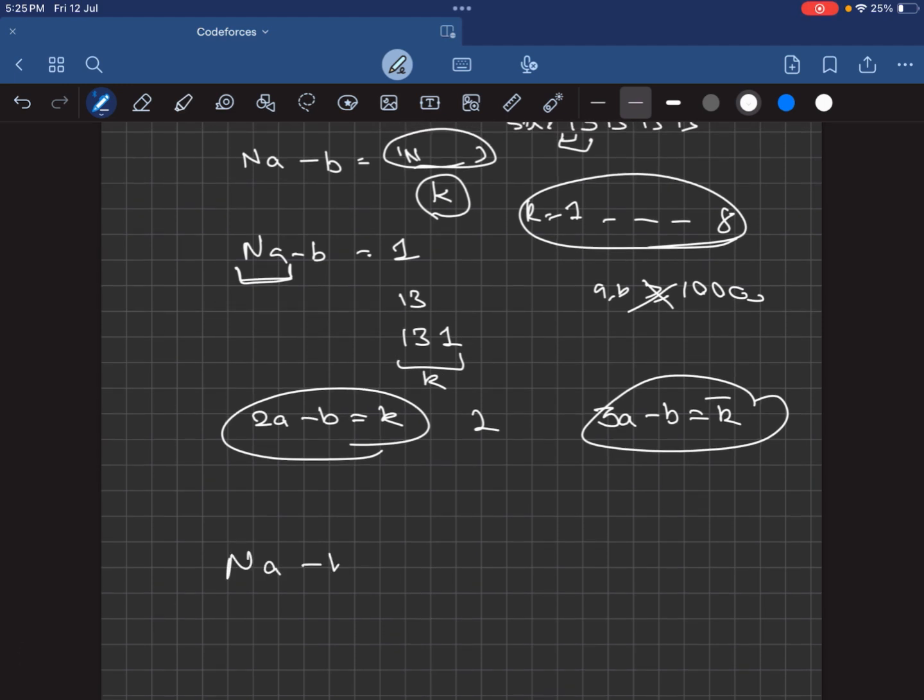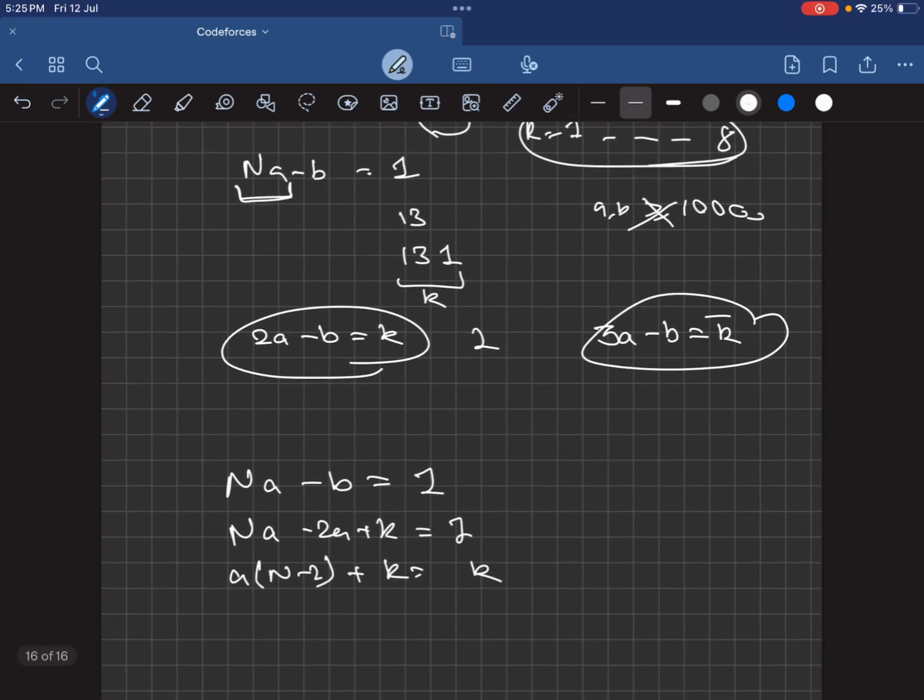So n times a minus b is equal to a string of length k, so b equals 2a minus k.